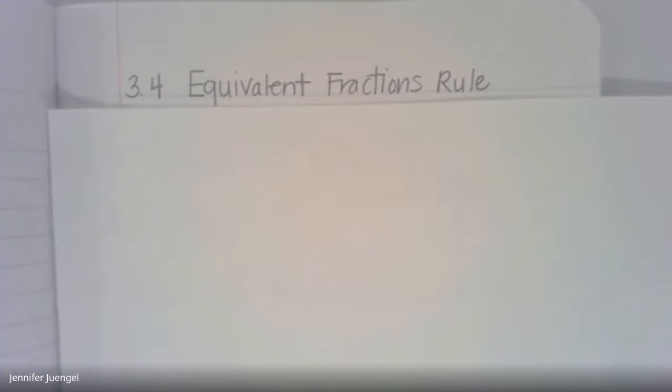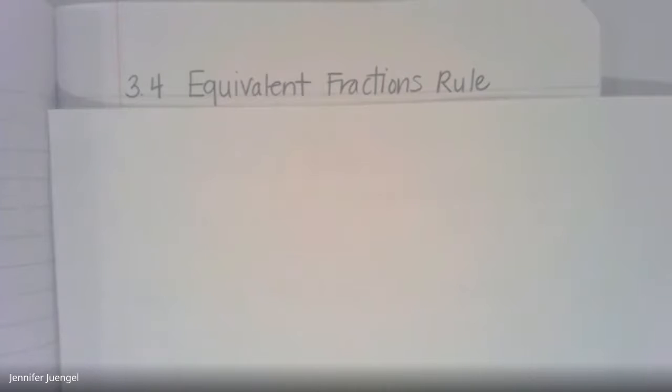That means the denominator might be different because it's breaking one whole thing into a variety of different pieces. And the numerator will also be different because if the bottom number changes, then the top number changes, because more parts will need to be shaded in order to be an equivalent fraction. So it really just depends on how we're breaking fractions up.